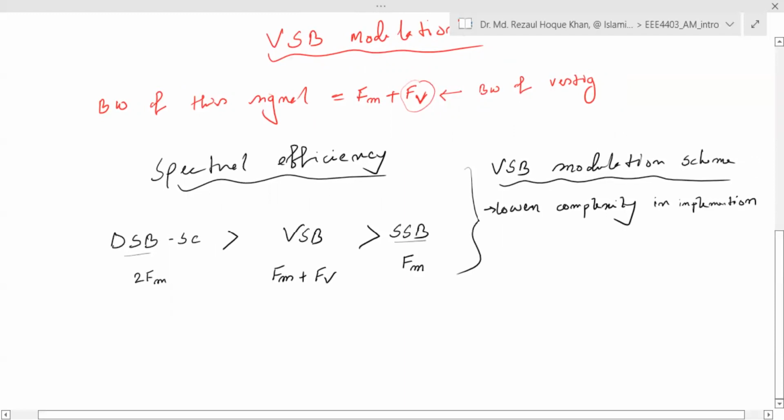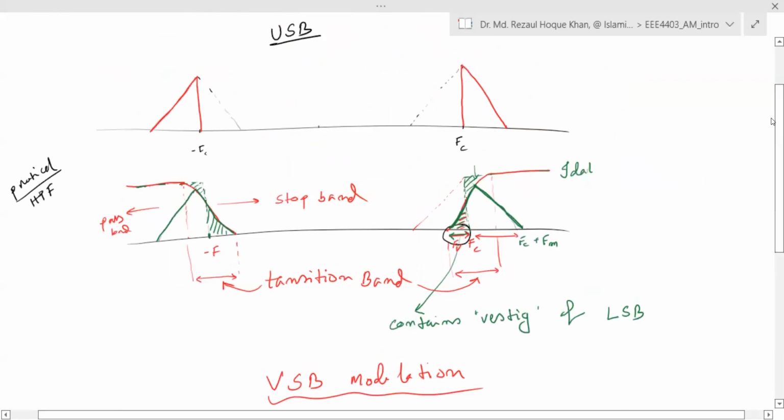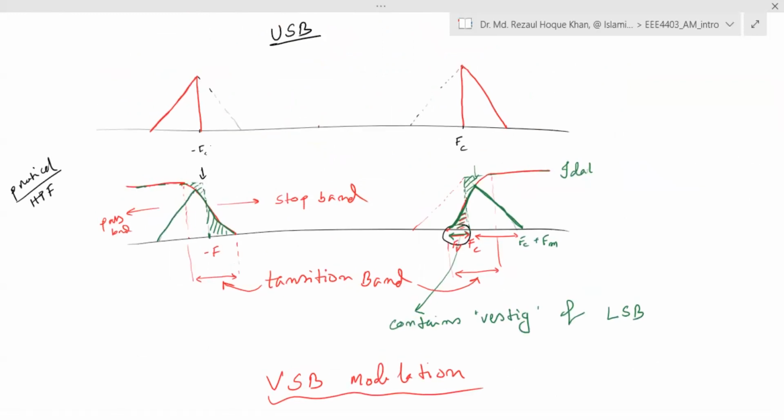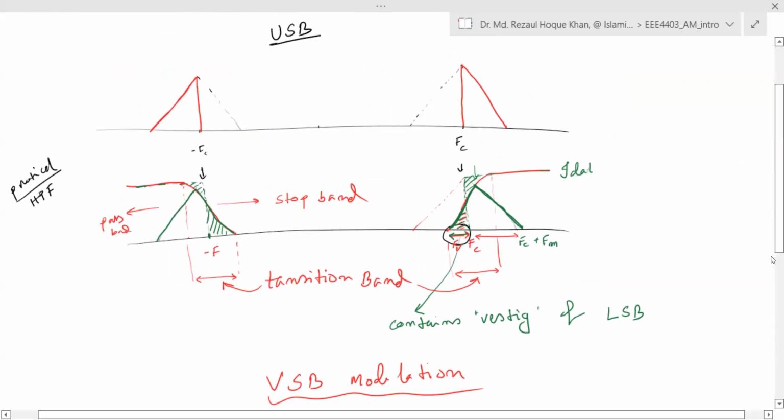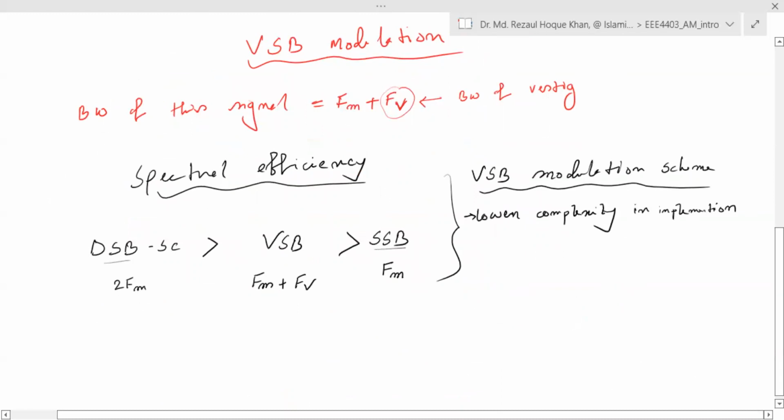If you want an ideal cutoff frequency, a sharp cutoff like an ideal low pass filter, the implementation would be very, very complex. So this avoids that complexity compared to SSB single sideband.